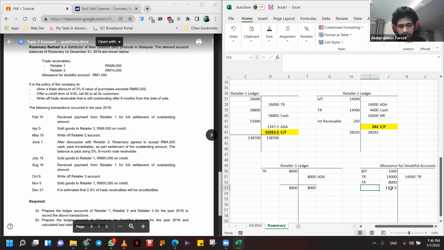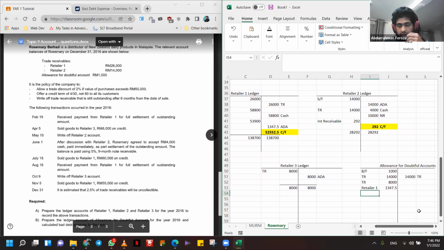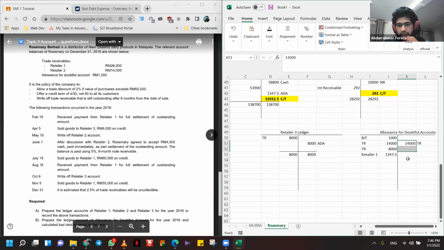Yeah, so we can add retailer 1 basically. So this is the debit side for the ADA account, okay? And then this will be the credit side. So if we sum this up, it will be 24,347.5. All right.